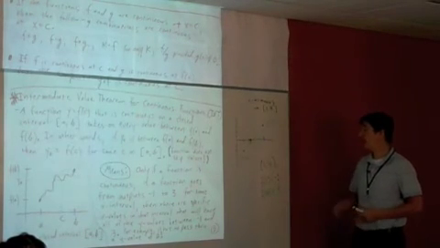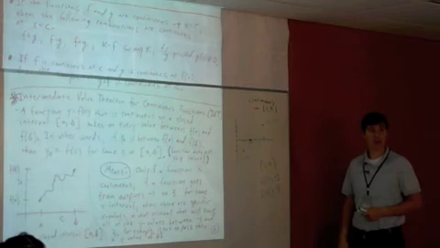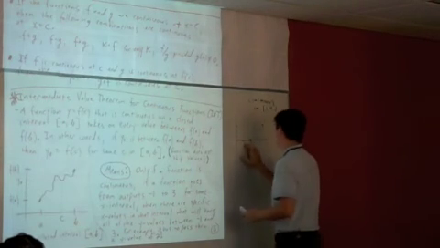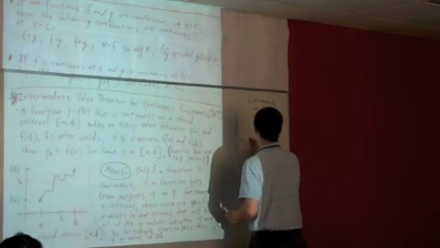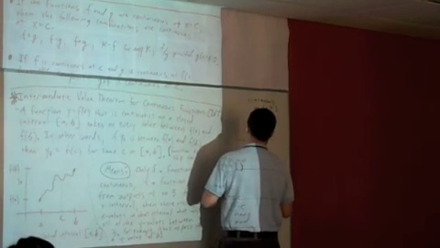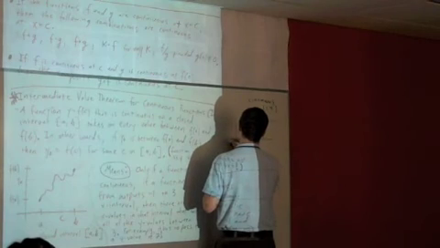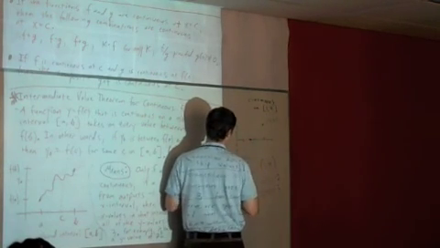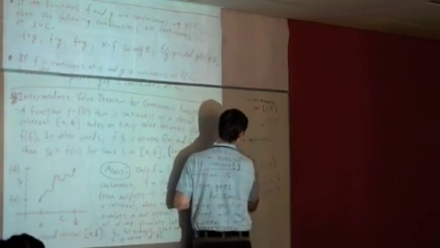Okay. And say you're continuous on this interval, okay? I'll show you an example. Okay, so f of 1 is -2. Wiggle, wiggle, wiggle, wiggle, wiggle. Okay?